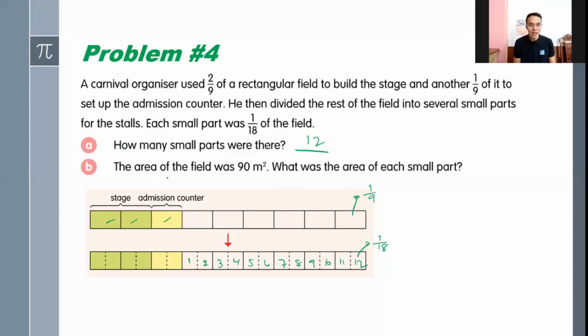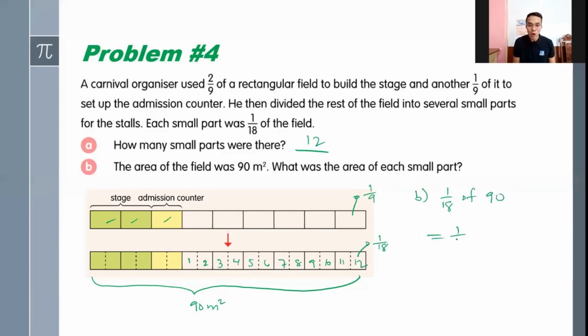Letter B, the area of the field was 90 meters squared. This is 90 meters squared. What was the area of each small part? For letter B, one small part is 1 over 18 of the total, right? So the area of one small part is 1 over 18 of 90.